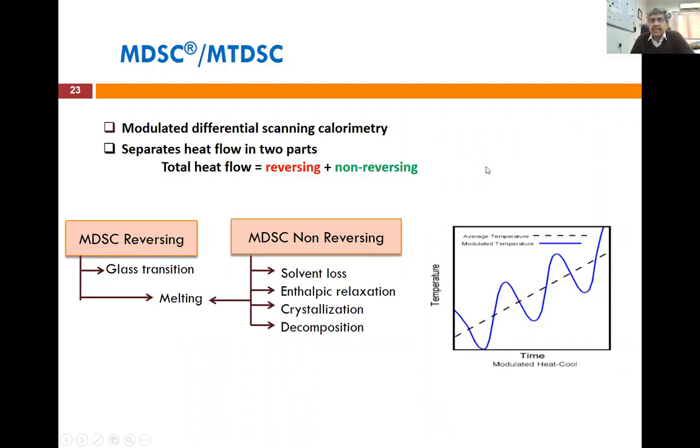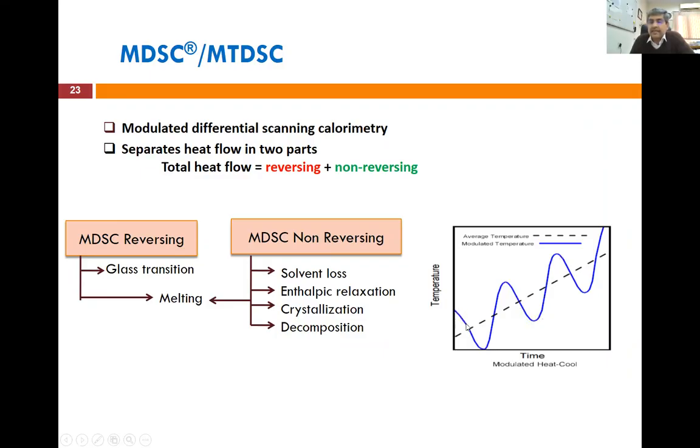What is done in the case of MDSC is that in a normal DSC, you heat the sample in a linear manner. So this dotted line shows you the heating curve. While in the case of the modulated DSC, the heating is provided in modulations. It is like a sine wave around the underlying heating rate.